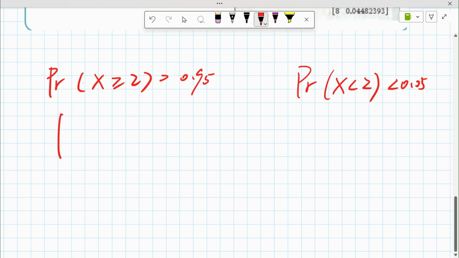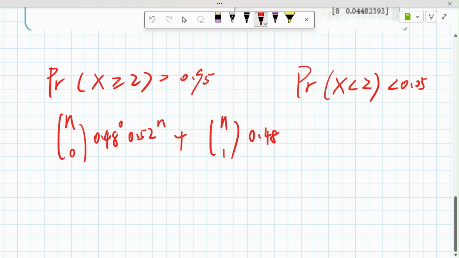And now we're gonna do n choose 0, 0.48 to the 0, 0.52 to the n, plus n choose 1, 0.48 to the 1, 0.52 to the n minus 1. And that equals 0.52 to the power n plus 0.48 times n times 0.52 to the n minus 1.